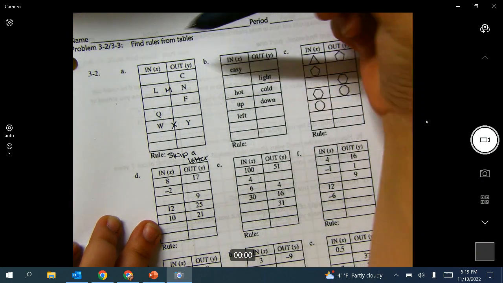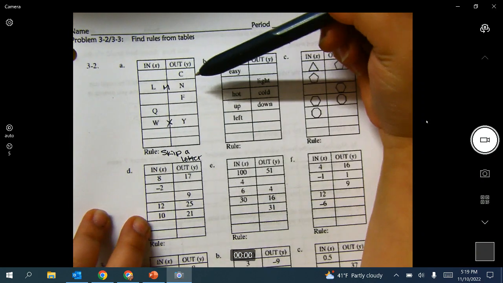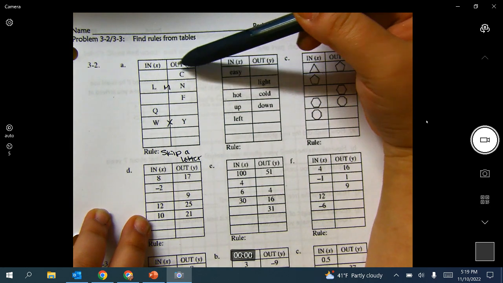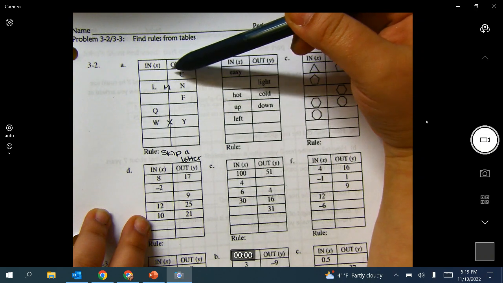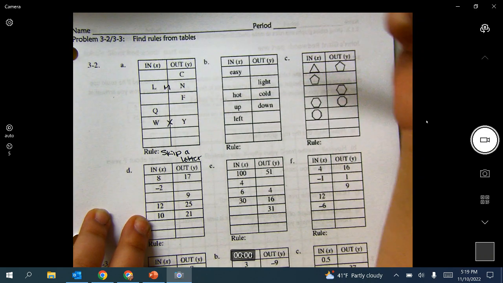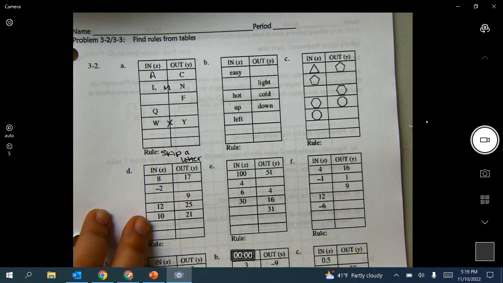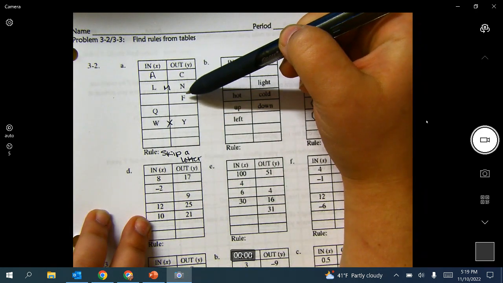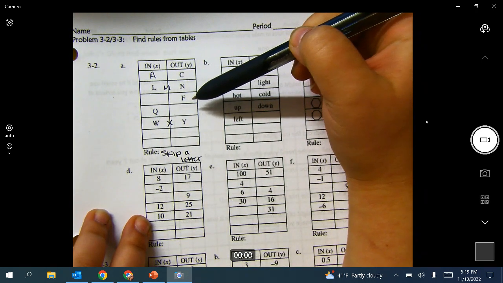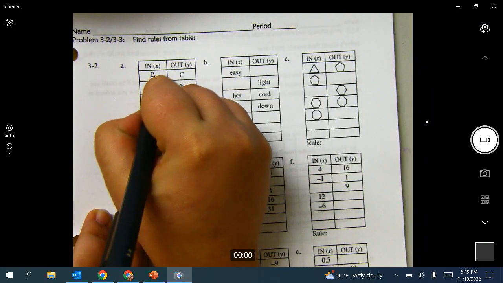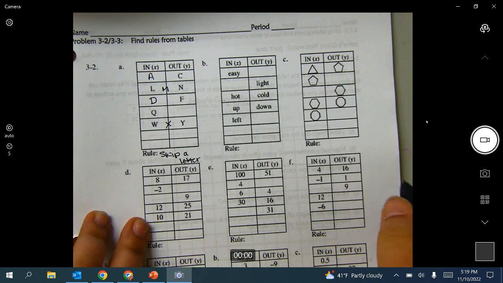All right, so now we're going to have to go backwards. If my output is C, that means my input needs to be 2 letters before C. So if I go backwards to B and then A, I know that my input has to be the letter A. Now I can do this again going backwards from F. If I go backwards from F, I'm at E and then D. D, E, F. Now we get to go forward.